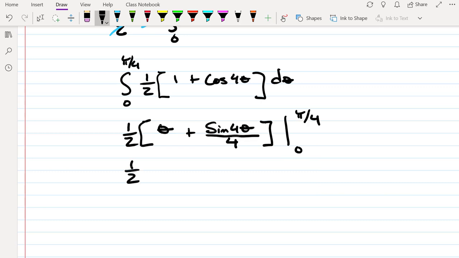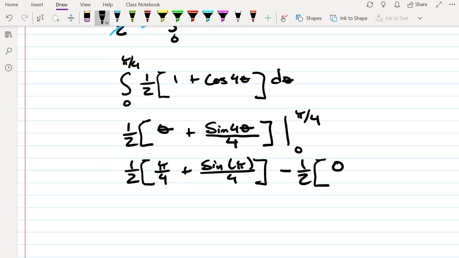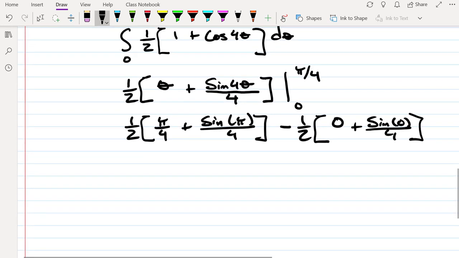So we have 1/2 times, plugging in our pi over 4, plus the sine of pi over 4 times 4 just gives us the sine of pi, over 4, minus 1/2, the lower limit, which is 0, plus the sine of 0 over 4.